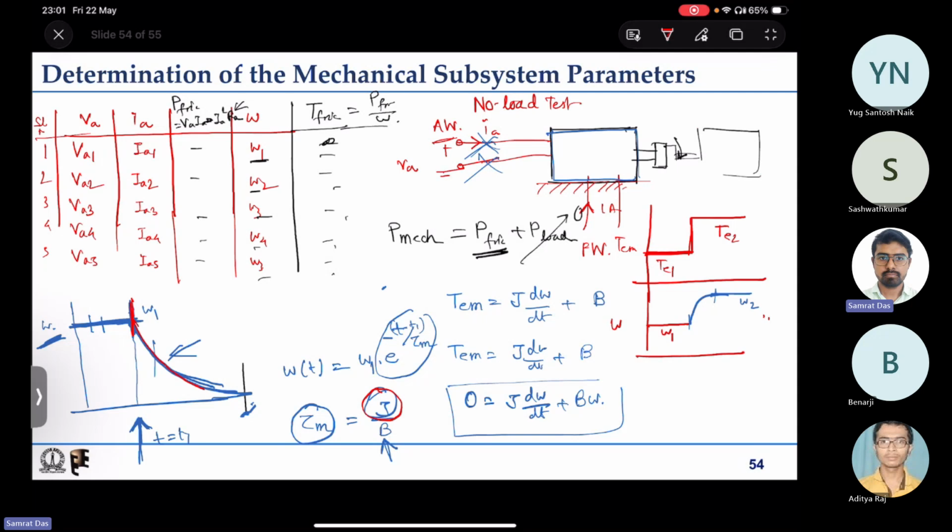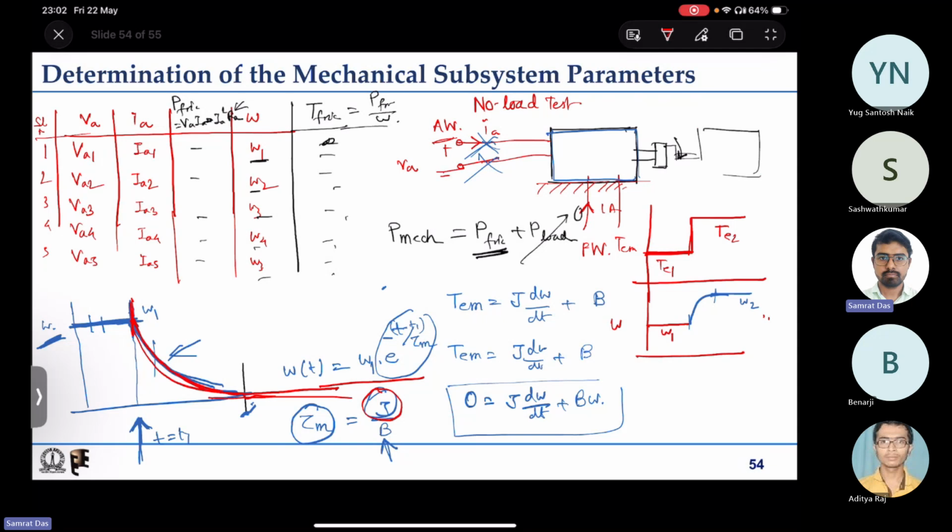So if you solve the equation, you get an exponential decay, which means it will decay exponentially and ideally take infinite time to decay to zero. But in practical cases it will decay, and when it reaches a certain speed very close to zero, it will stop. It will not rotate at a very slow speed for infinite time. It will simply stop, because there are practical non-linearities in any system.